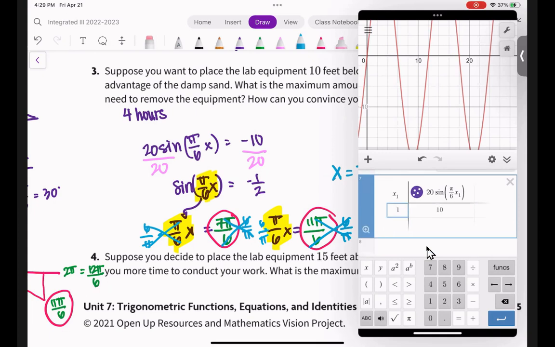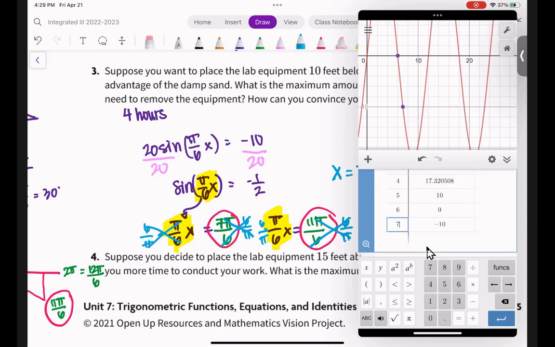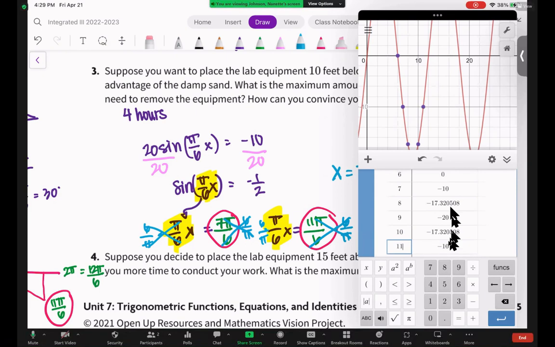Well, I already know that it's going to be some number. I'll go 3, 4, 5, 6. And remember, I'm looking for negative 10. 7, 8. And I got negative 10 at 7, and again at 11. So because I got these two negative 10's here, that means it's going to take me 4 hours. I have 4 hours to do all that work. Okay.